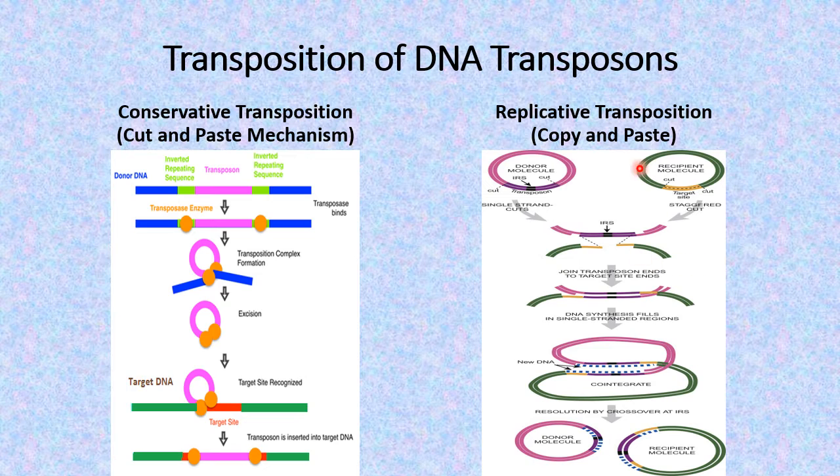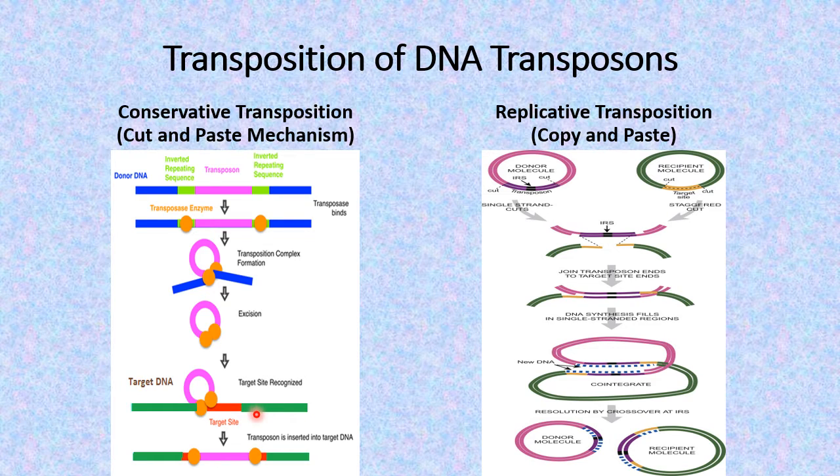Now, the cut and paste mechanism or the conservative transposition involves two enzymatic activities, the endonuclease activity and the ligase activity, that is cutting the DNA strand from in between by breaking the phosphodiester bond and forming the phosphodiester bonds at the target site.